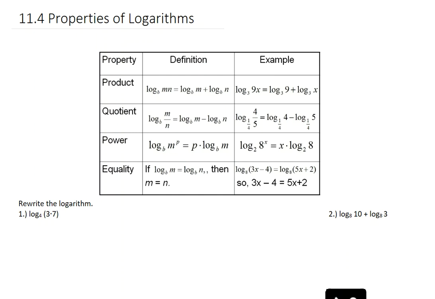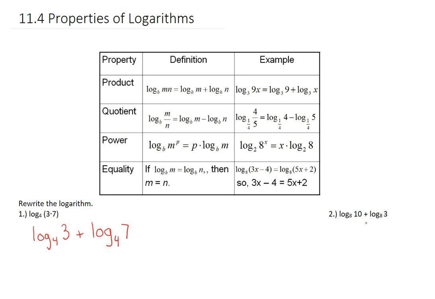So if you look at number one, you have log base 4 of the quantity 3 times 7. Since it's multiplication, we can expand that into two different logarithms through addition, and we just separate them.